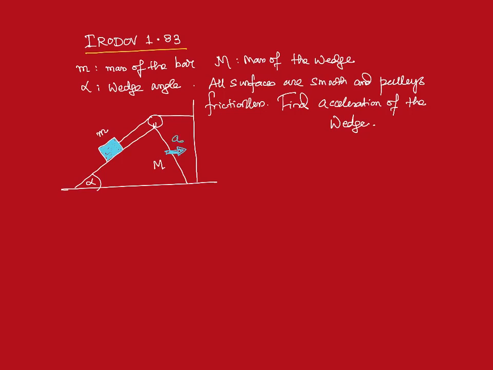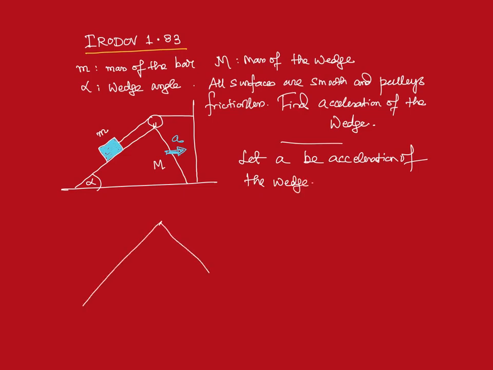So you can write that let A be the acceleration of the wedge. Now, if you look from the wedge frame, we can calculate the acceleration of the bar relative to the wedge. So that's the pulley. Bring the wedge to rest. That's the wedge frame.